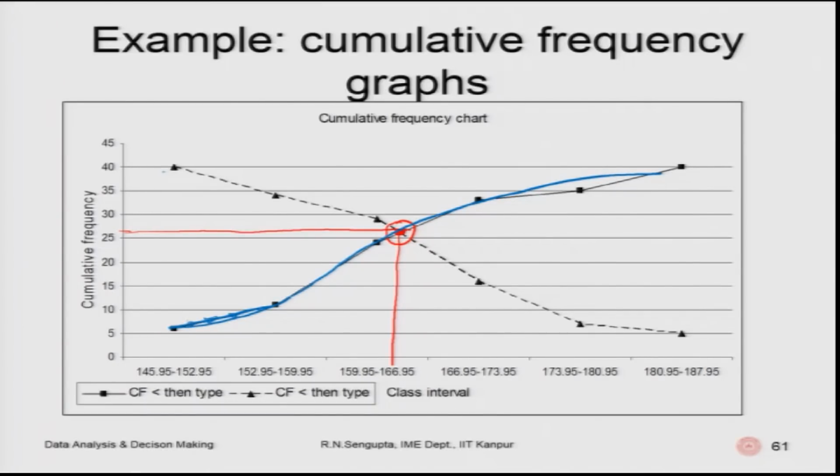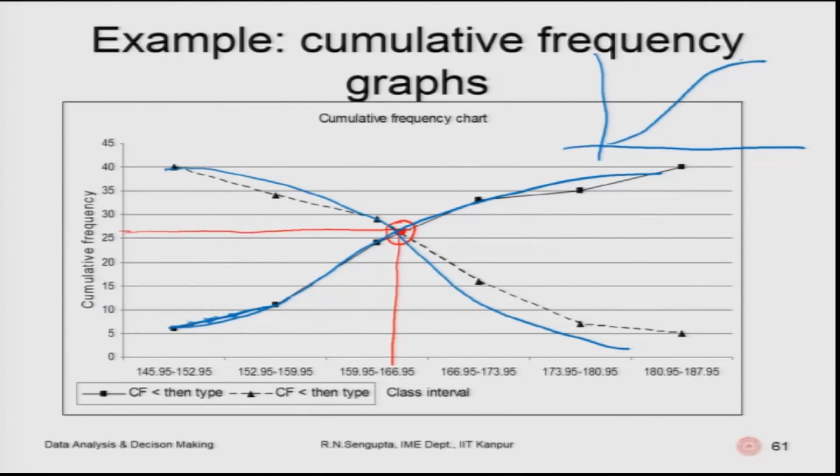And for the other part, it is not exactly a mirror image, but it would be an inverted S curve, such that if I draw it separately, the curve should be like this.